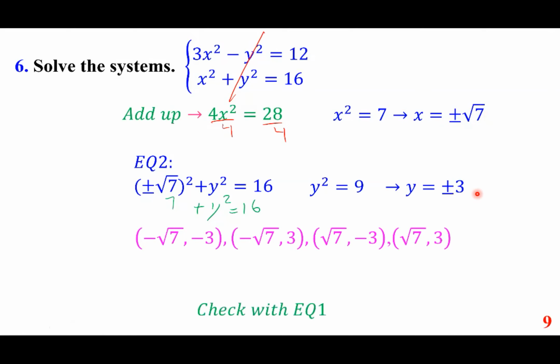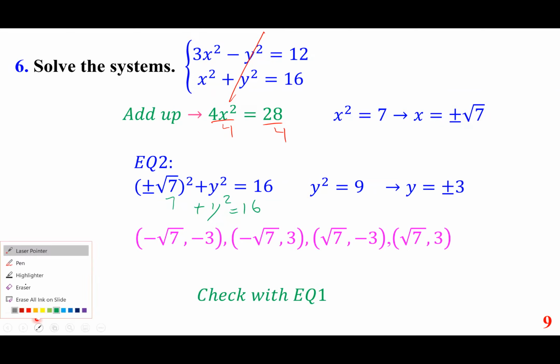And you must check. The reason you must check is because we picked it from the second equation, so you check it with the first equation. I'm going to check one of them. By the way, it doesn't matter. You can even check with plus minus, which means you are checking the whole thing.